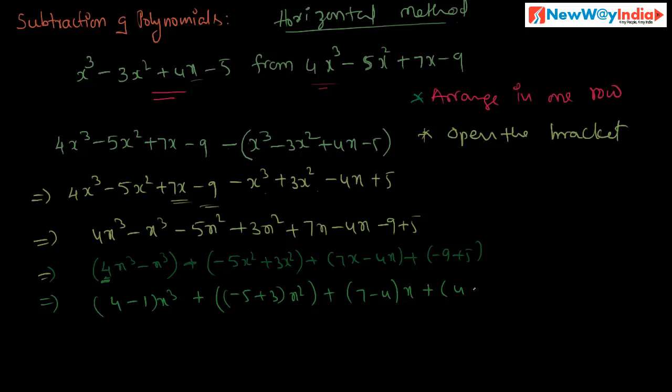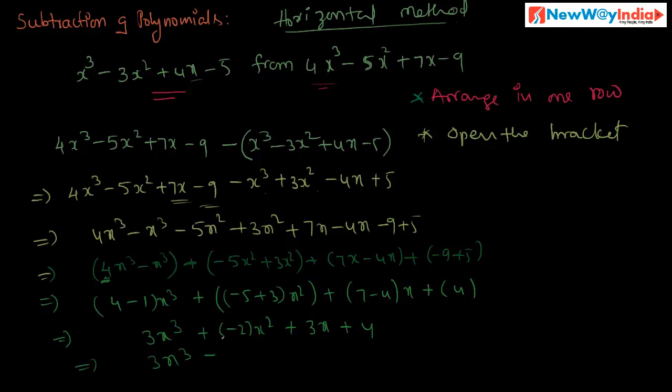So 4 minus 1 is equal to 3x cube, plus minus 5 plus 3 is equal to minus 2x square, plus 7 minus 4, 3x, plus 4.